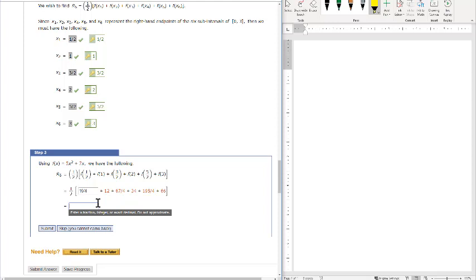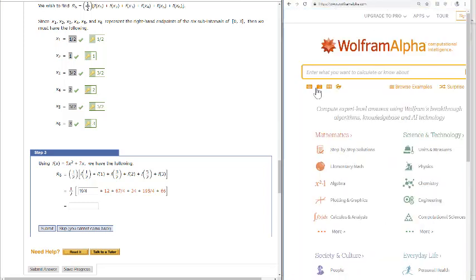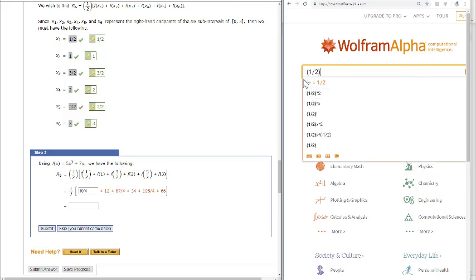And then they want us to do the calculation and add all these up. Let's see how easy that's going to be. Well, let's go ahead and call on Wolfram Alpha to do our computation for us. We have 1/2 sitting out in front times, and then the big parentheses.